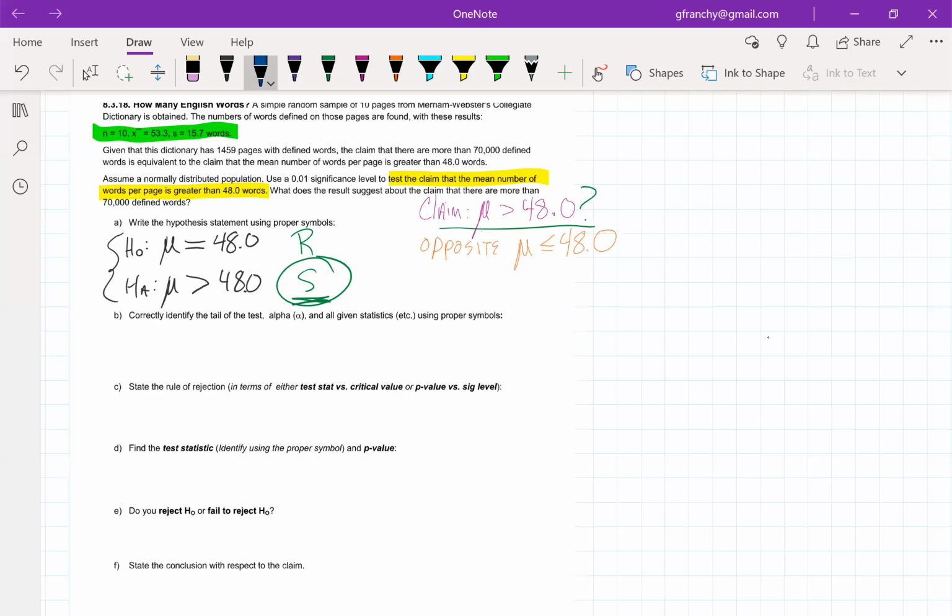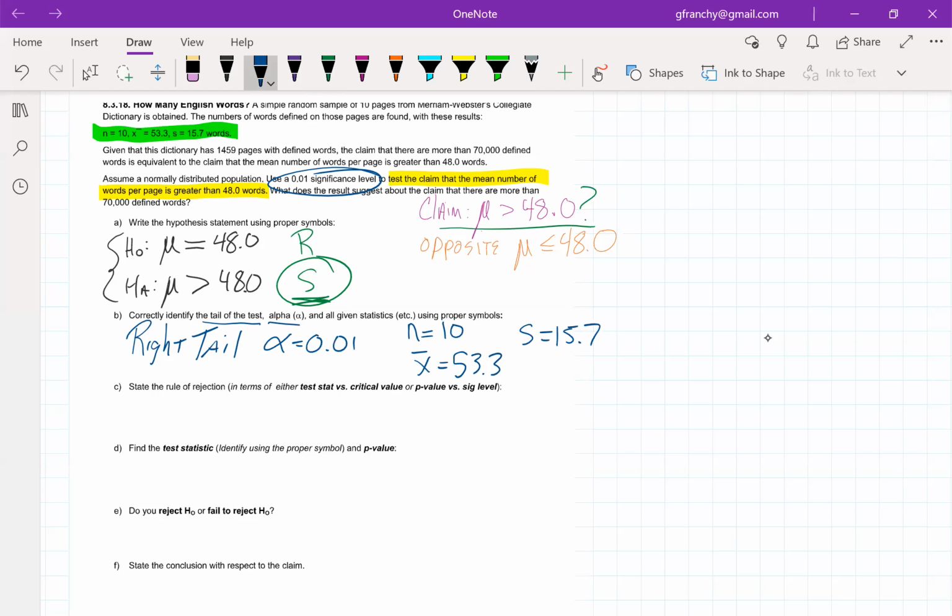So now we can identify the pieces. The tail of the test, we look at the strict inequality that's pointing to the right. So this is a right tail. Alpha is our significance level. That's 0.01. And again, they were really nice to us in identifying in symbolic form our sample statistics. Now our sample mean is greater than 48, but the question is, is it significantly greater?